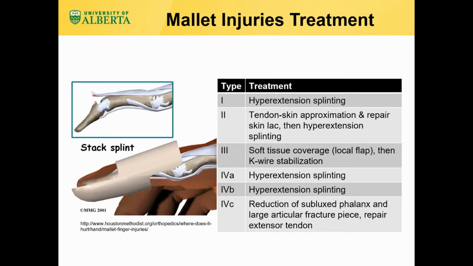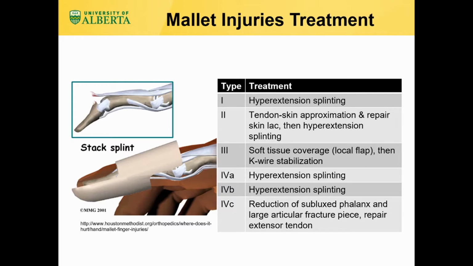Splinting type 3 injuries is difficult as the tendon is often exposed following abrasion. These injuries require soft tissue coverage, often via a local flap. K-wires can be used across the DIP joint to hold it in extension in place of splinting. Type 4C injuries are more complex, requiring reduction of the subluxed distal phalanx and large articular fracture piece.